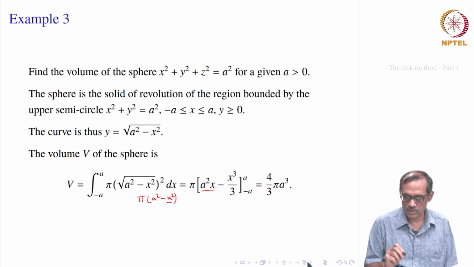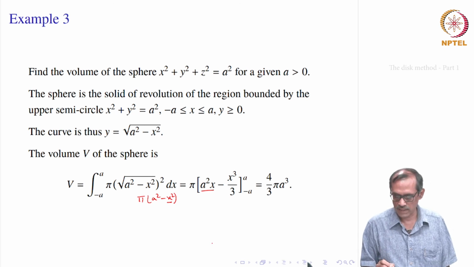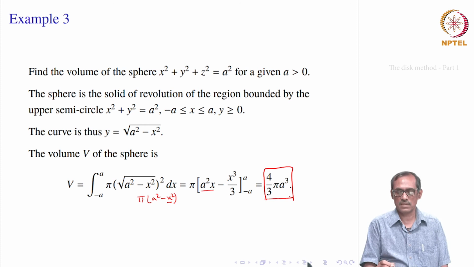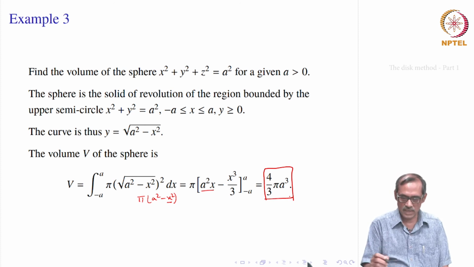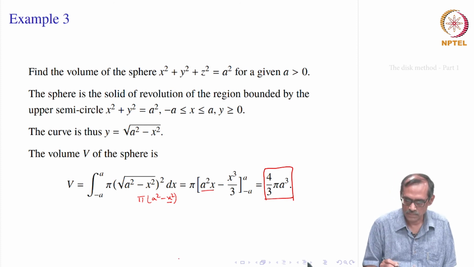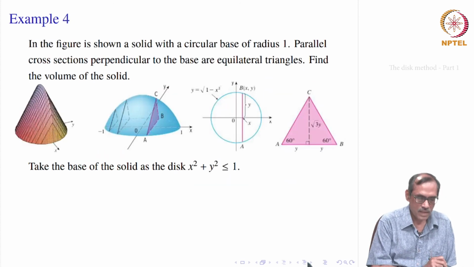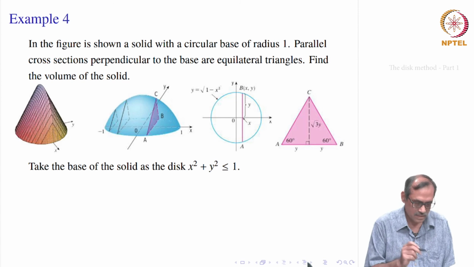So it is pi times a square x minus x cubed by 3 evaluated at a and minus a, and then subtracted. You simplify to get 4 by 3 pi a cubed, which, as you know, is the formula for the volume of a sphere of radius a. Let us take another example.